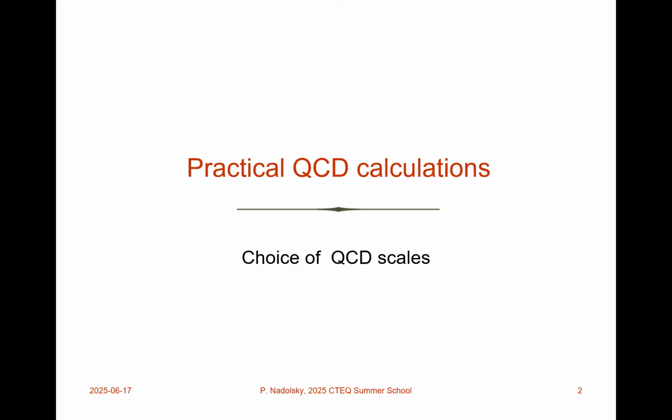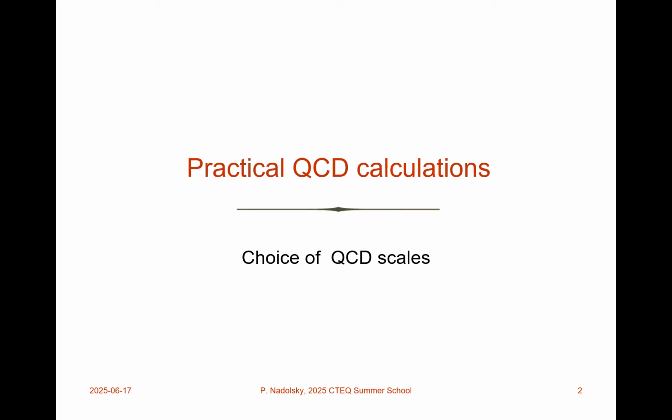And then you can show that the sigma hat really depends not just on Q squared or mu R squared or mu F squared on their own, but if it has dimension 0 in units of momentum, you must have Q squared over mu R squared and Q squared over mu F squared. So these are the only combinations. Of course, here again, I assume there is only one physical momentum scale that contributes.